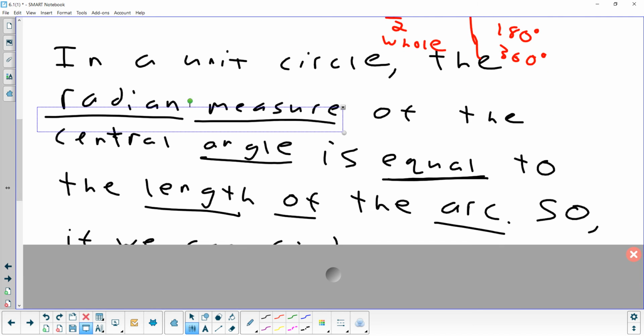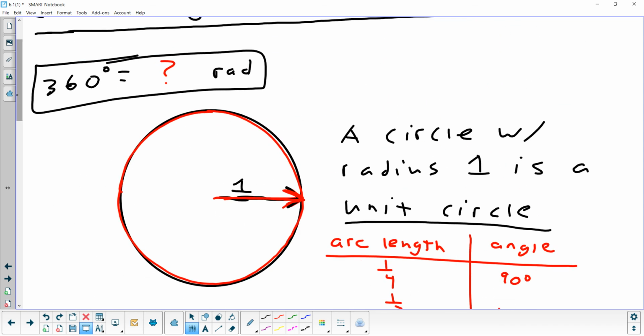Measuring the angle that goes all the way around the circle in radians is exactly the same as the length of the arc. So all we have to do is find the length of this arc, and that's exactly the same as the number of radians to go all the way around the circle.